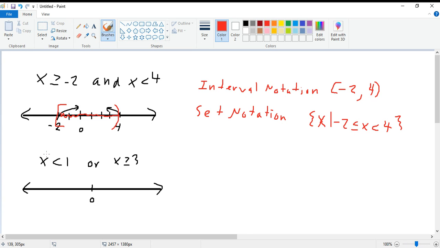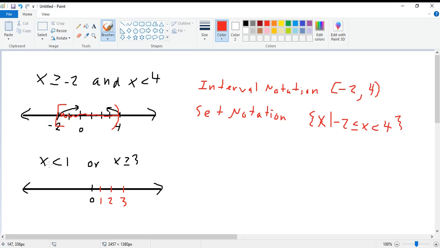For this next example, we want the numbers less than 1 or greater than or equal to 3. Put those numbers on your number line. For an OR statement, we want the numbers that make one of the inequalities true or the other inequality true, or both of them true, but only need one or the other to be true.